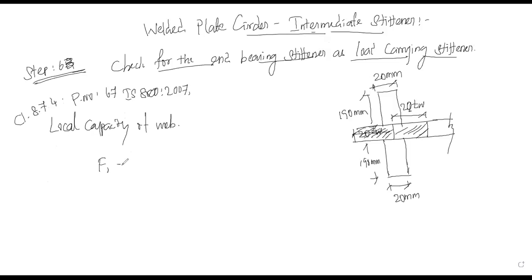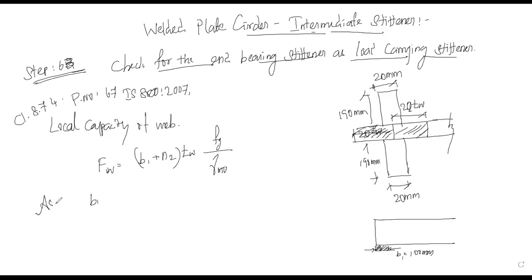The formula is Fw equal to (b1 plus n2) into tw into fy by gamma m0. So this is our plate girder, which is going to be placed over the bearing pad. That bearing pad I am going to assume as 100 mm, which is nothing but b1.